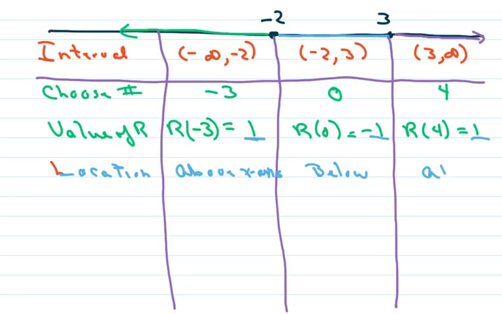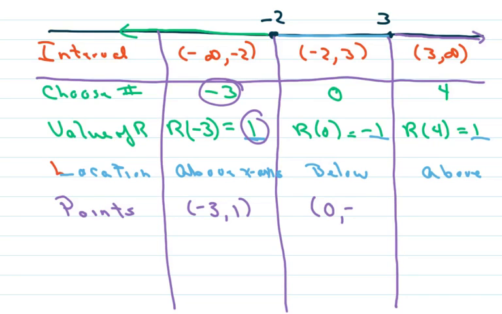Positive, this is above. And then I'm just going to write down my points on the graph, which are (-3, 1), (0, -1), which we already knew, that's your y-intercept, and (4, 1).